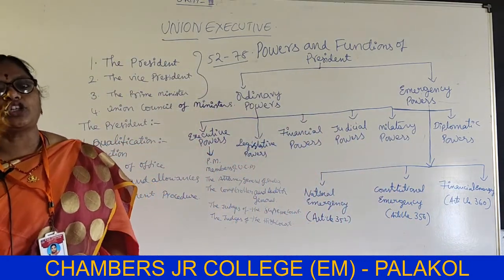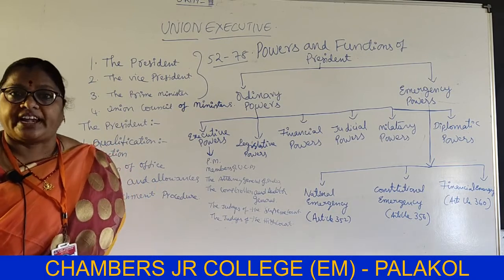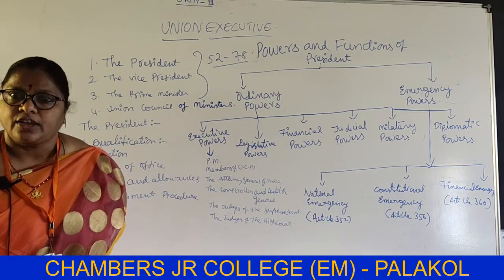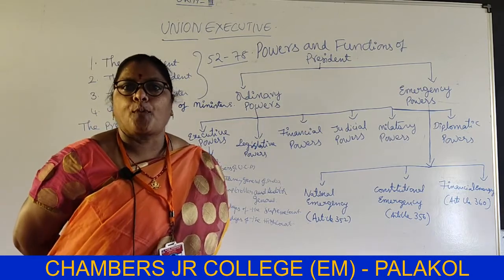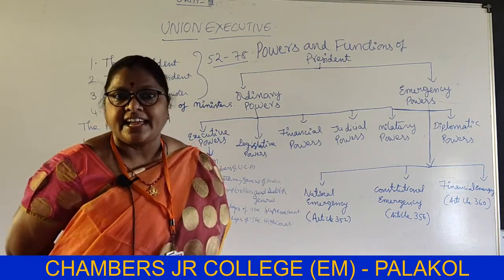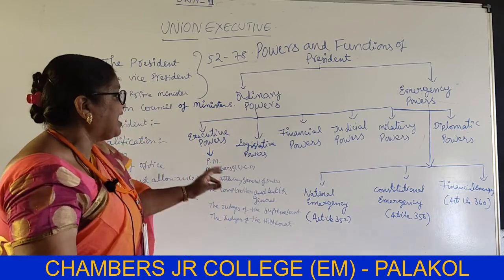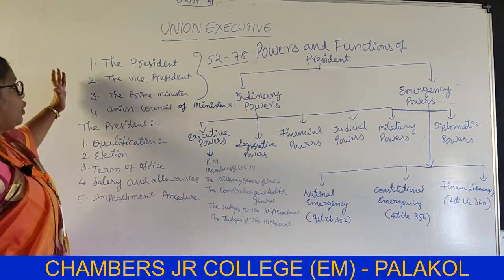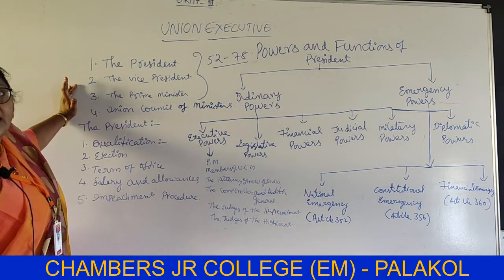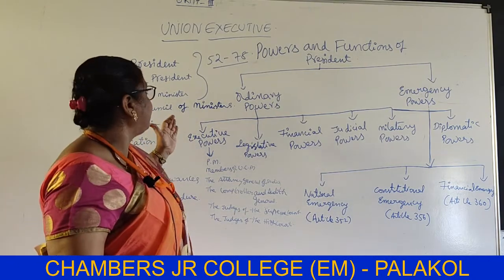So the Constitution of India adopted the parliamentary form of executive for the government, at both the national and state level. I told you, at the national level, who will look after the ruling?